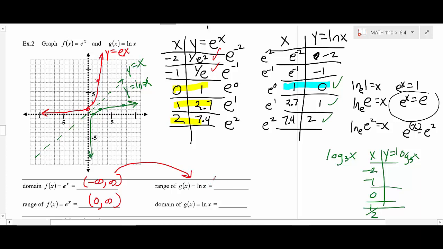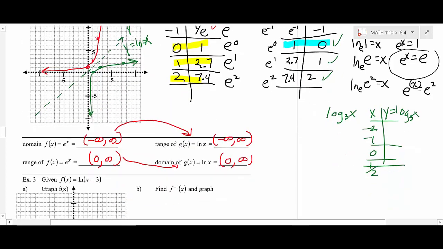Since the ln is the inverse, those are going to be the same. And again, the range of the function turns into the domain, so those are going to be the same. And the green graph matches it perfectly. The range of the green graph is all real numbers. It gets infinitely low, it gets infinitely high. The domain of the green graph is 0 to infinity. So it should match up with what you're expecting.